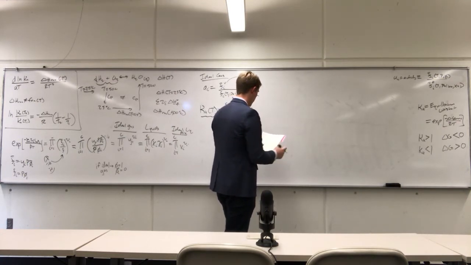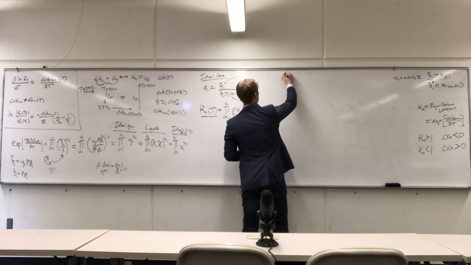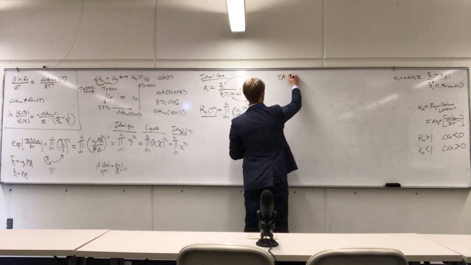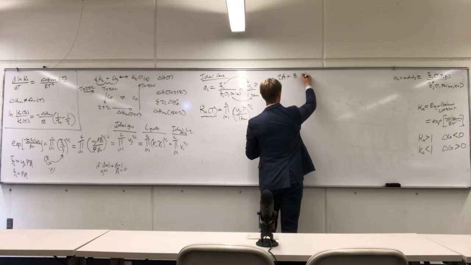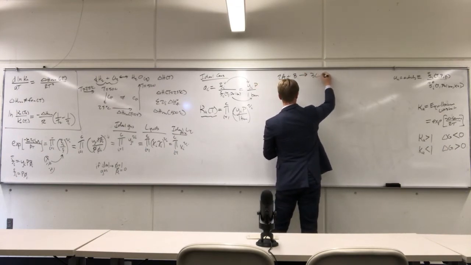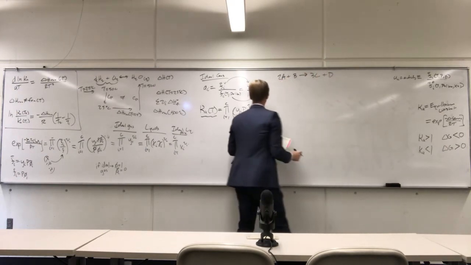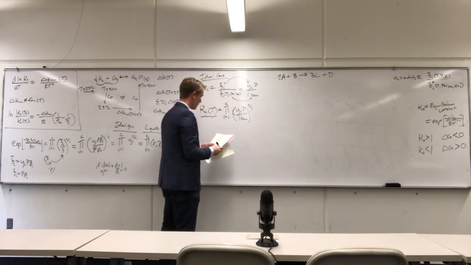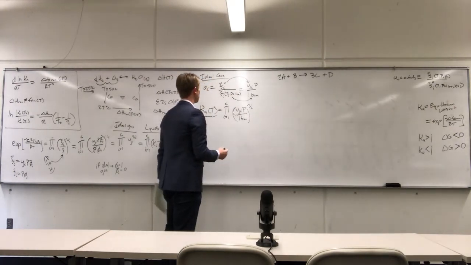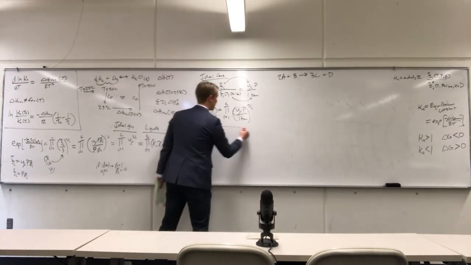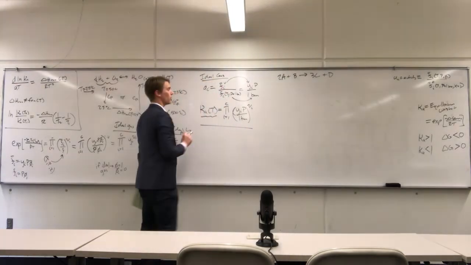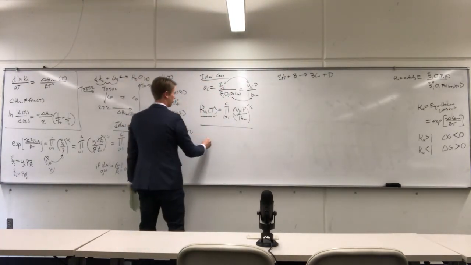We'll probably have to do this again, but let's say we have an arbitrary reaction. Let's say 2A plus B going to 3C plus D. Again, this is the system that we use to help us solve this. So we want to write this expression for that reaction.